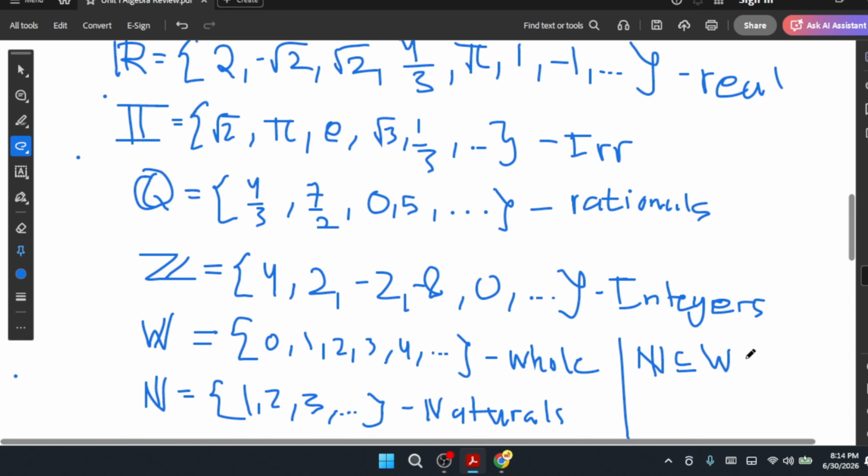And the whole numbers are a subset of the integers, while the integers are a subset of the rationals, which is Q.